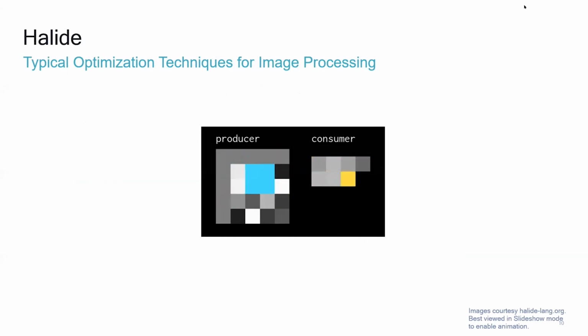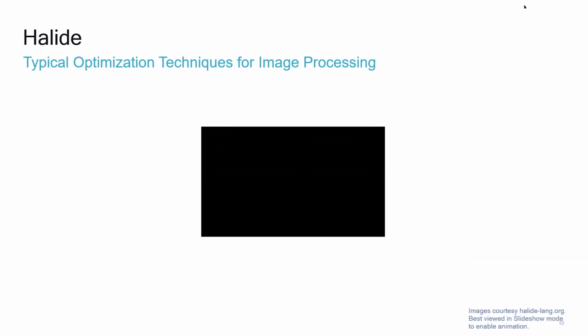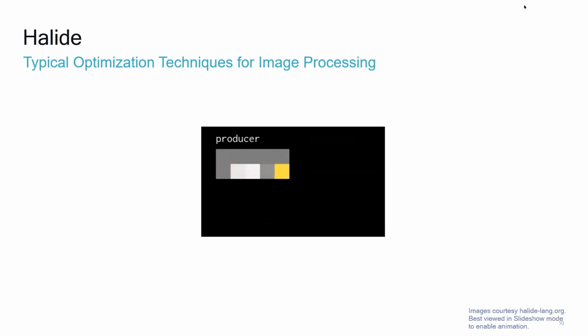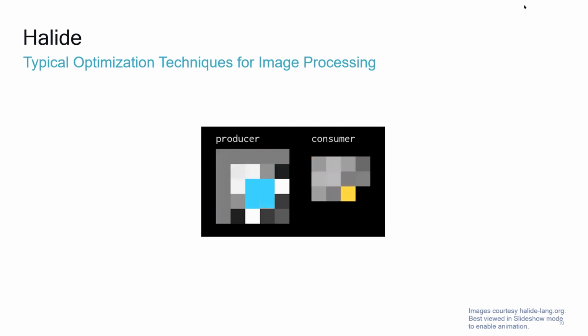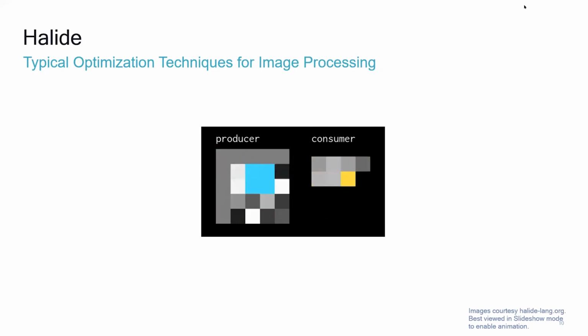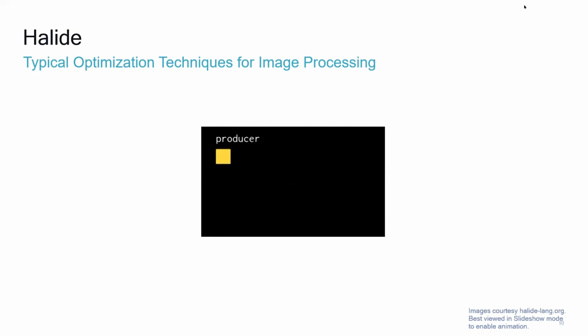Yes, sir. So in a typical image processing pipeline, there is a producer and there is a consumer. Here, the yellow are writes and the blue are reads. So what is the problem in this particular image processing pipeline?